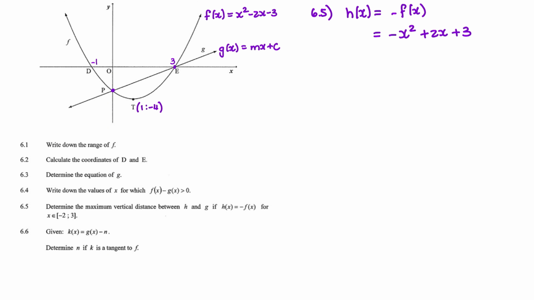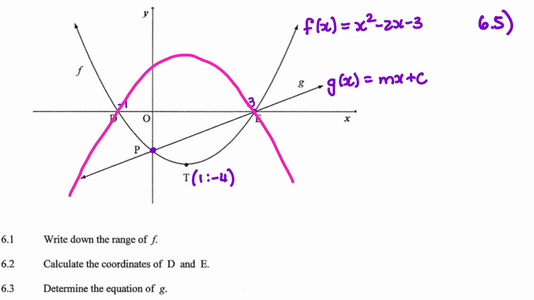So what I realize is that h(x) is the reflection of f(x) about the x-axis. So let me draw a rough sketch of that graph in. So it will go through points D and E. And the question says, determine the maximum vertical distance between h(x) and g(x). So can you see in our graph, if I draw in a rough sketch of h, we're trying to find the maximum vertical distance between h and g.